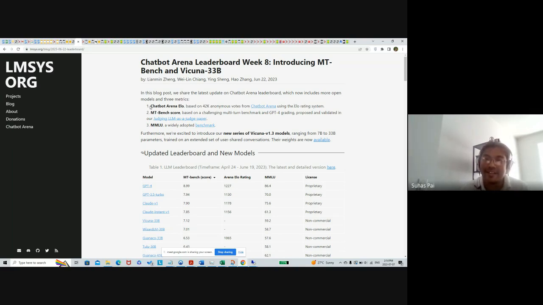In this case, it's the Chatbot Arena Elo, with 42K anonymous votes. If the model that was already better wins against a lower-ranked model, it gets some points. If it defeats a much better model, it gets a lot more points, and so on.